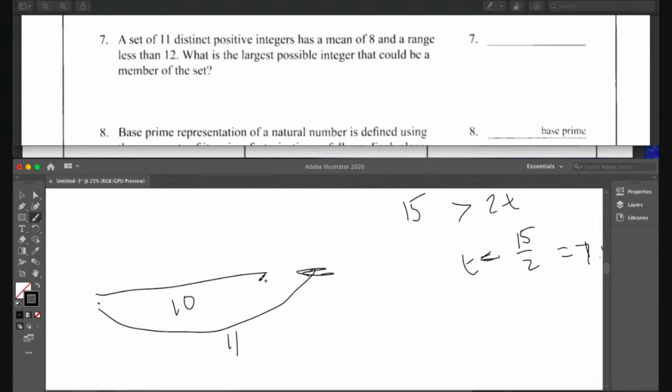So this is 11. If we want this to be as large as possible, then whatever our smallest number is gives a bound to what the largest number can be, right? So like if our smallest number was 6, then our largest number can only be as big as 17.